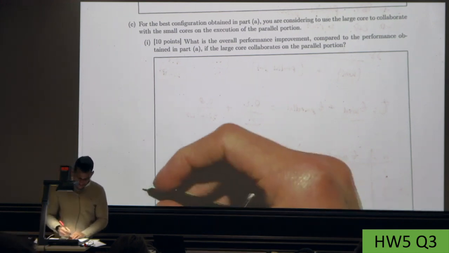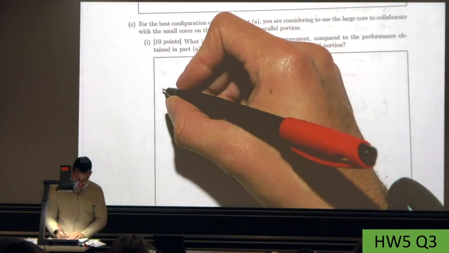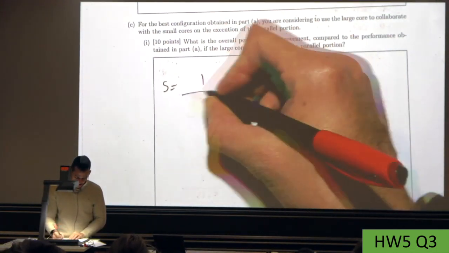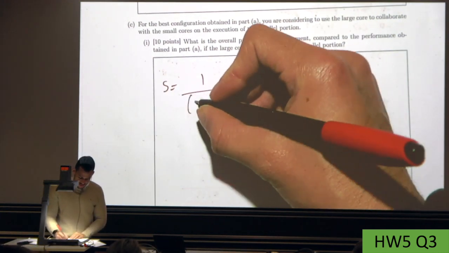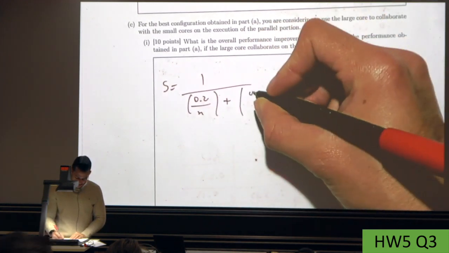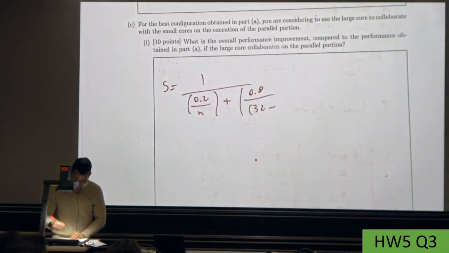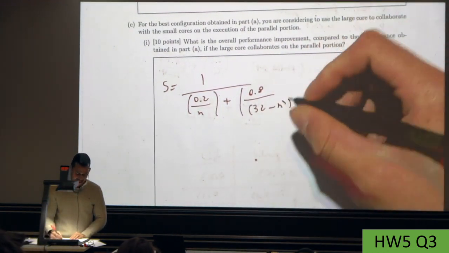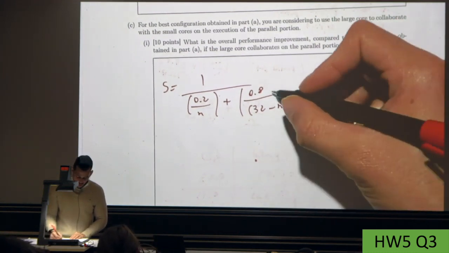The equation is similar to before. 1 over the time for the serial part does not change at all, so it's still 0.2 over n plus 0.8 over 32 minus n cubed. This is the time that it takes for the small cores.